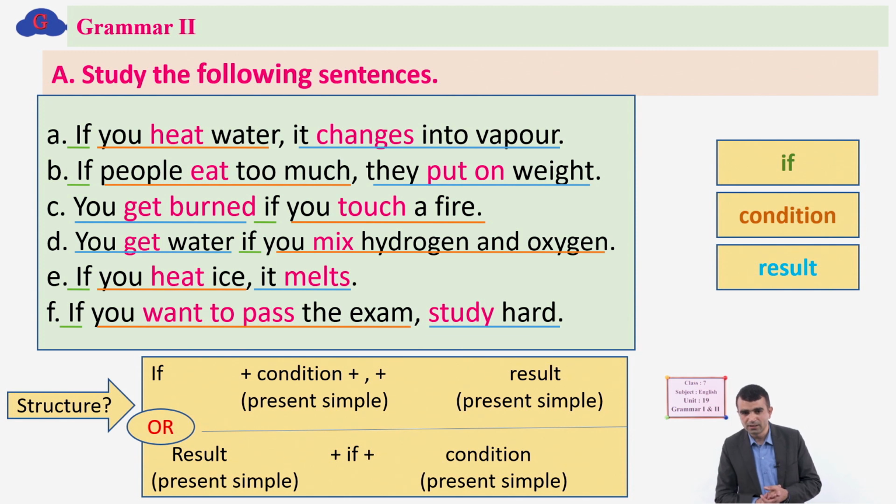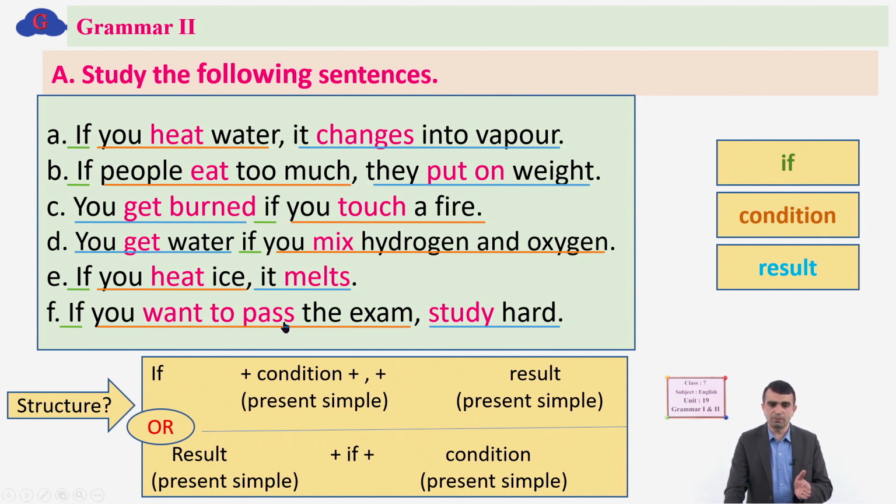Okay? Good. Now here the last one, if you want to pass the exam, study hard. Okay? Although this is not a condition and its result, this is a fact and we use it in the same way as result and condition. Okay?